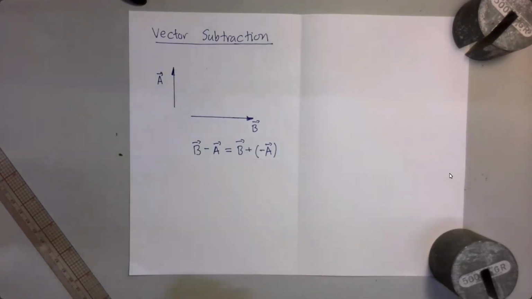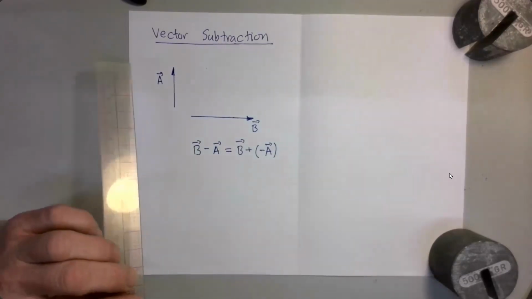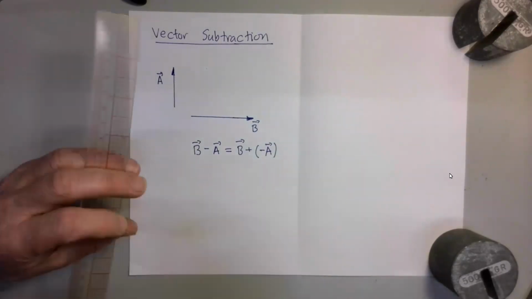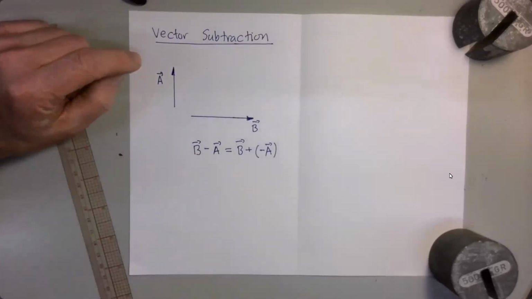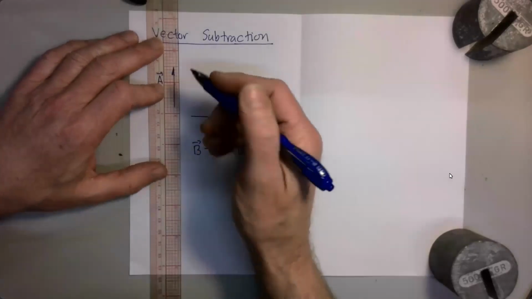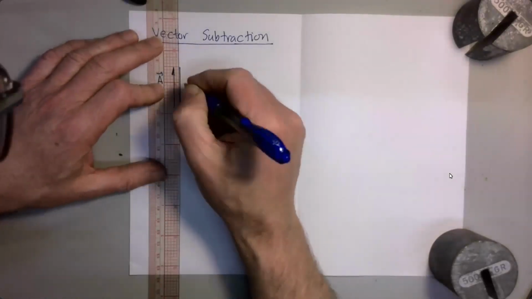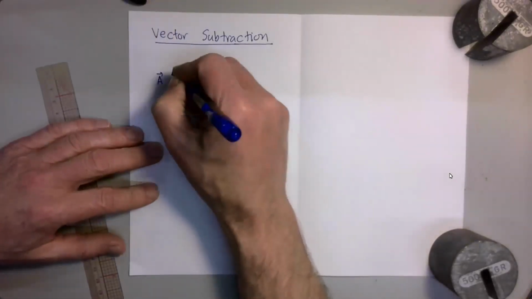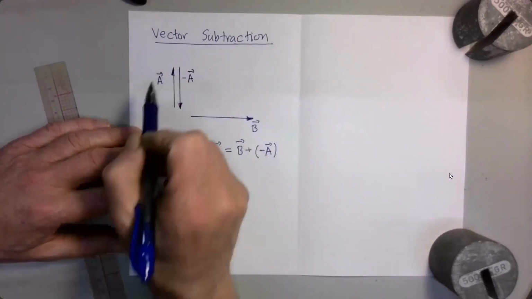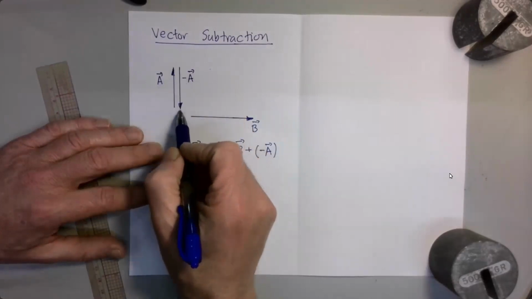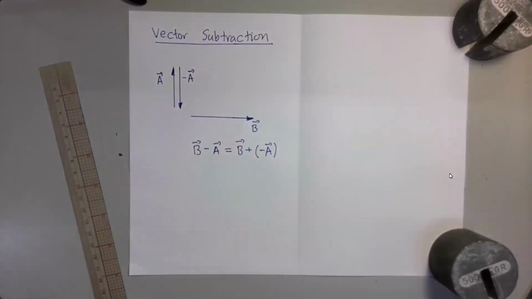Remember that we know how to construct the minus of vector A. The minus of vector A has the exact same length as vector A, but it points in the exact opposite direction. So if this here is vector A, then this here would be vector minus A.